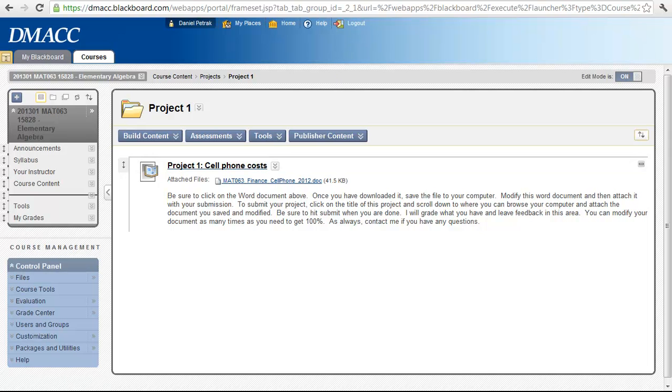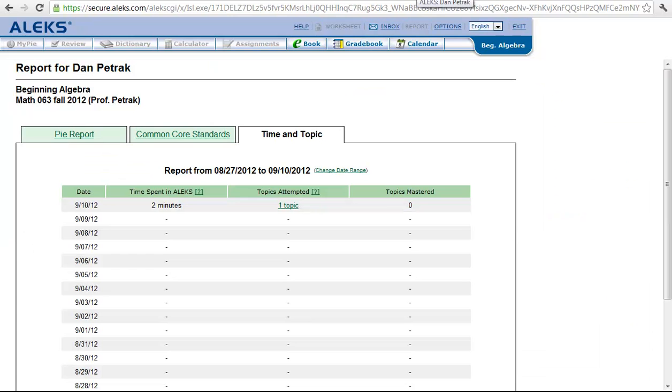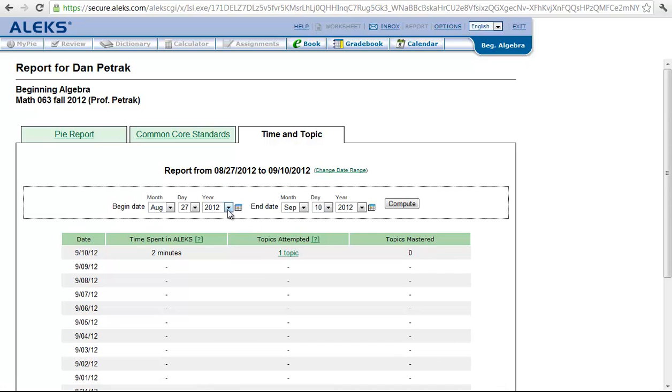So the other thing that we have going on is we want to work towards our ALEX goal, and I've had a few people wondering how to figure out how long they've worked. So when you're in ALEX, if you go into the reports tab, so I've clicked reports, and then there's your Pi report, the Common Core, and then time and topic. If you click on time and topic, you can change the date range. So for this week, we're going to want to go from September 7th through the 13th.